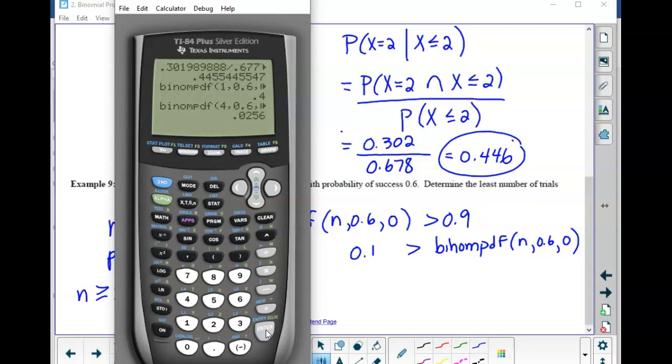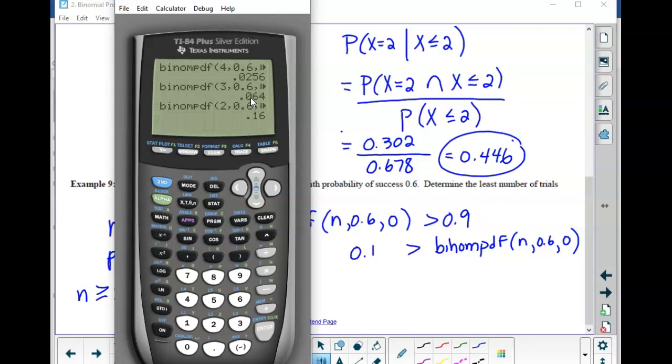So then let's go 3. Still smaller, so maybe one more try, 2. Okay, so 2 was too big. 3 was the first time it was smaller. So that means n is 3.